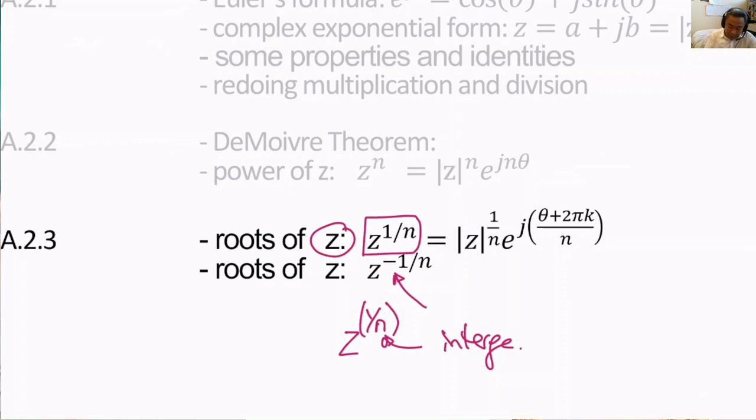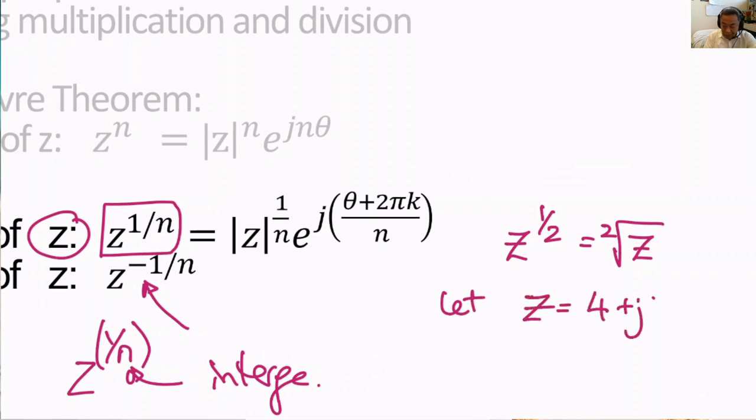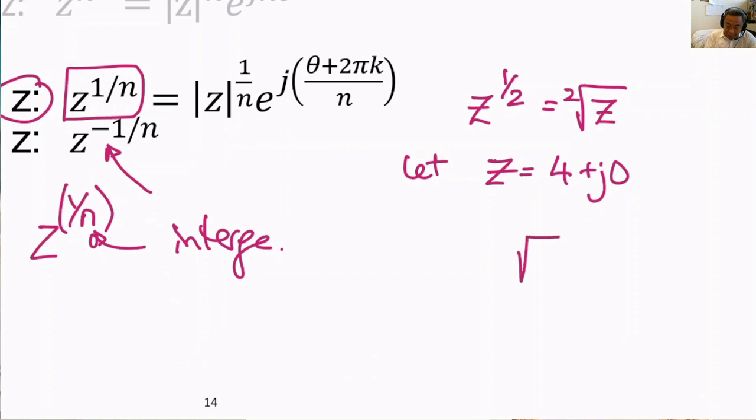But maybe as a first start, let's try to take this number. Isn't this the square root of z? And let's have a very simple expression for z, which is nothing but 4 plus j0. So this is the square root of 4 plus j0, and this is the square root of 4. And then we have the answer plus and minus 2.